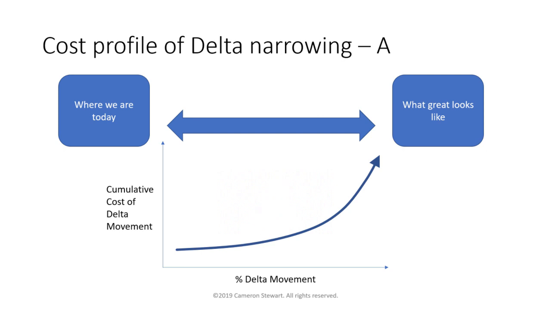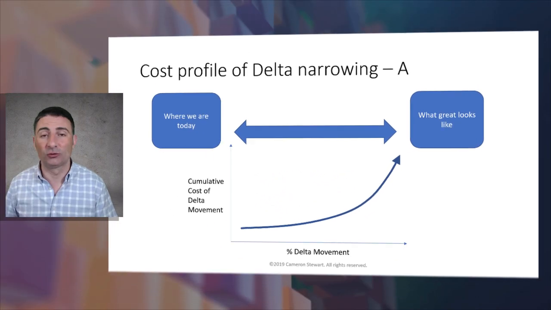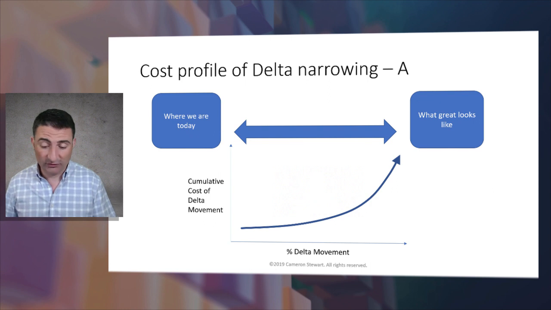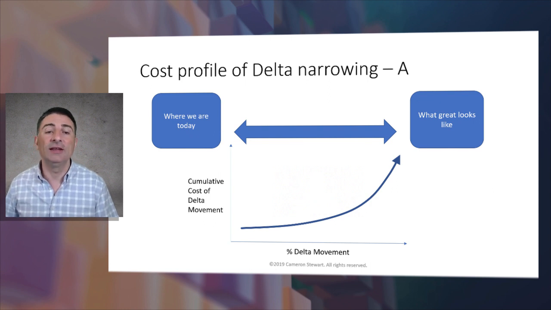For this movement, the cost rises proportionally more as we get closer to what great looks like. That is, it's relatively inexpensive to move 50 or even 80% of the way towards what great looks like. But that final 30, 40, 50% is a good deal more expensive.